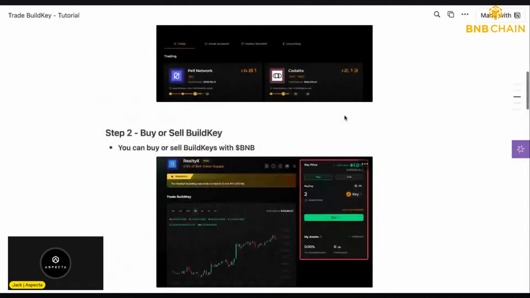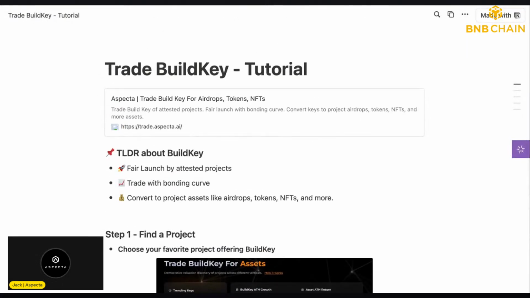How it works is that for any project, any real application, you can launch your own build key at any stage. You allocate a certain portion of your assets, like your future, unreleased tokens, fair launch this part of the future unreleased tokens, and trade it on a bonding curve.